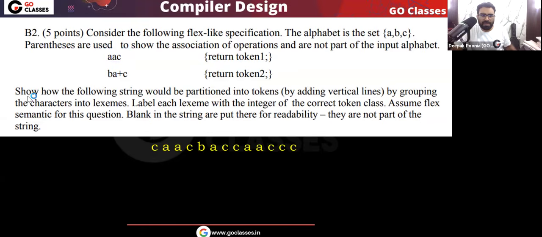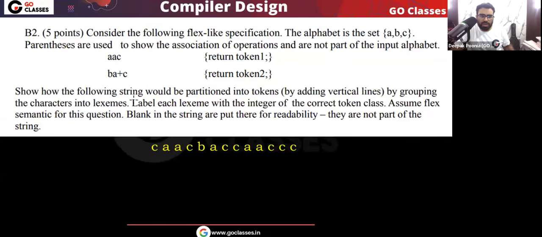Very simple. Now, this is a string given to us. This is the input character stream. Show how the following string would be partitioned into tokens, because right now this is a stream of characters. Now we need to find how the tokenization will happen, how it will be converted to a stream of tokens.